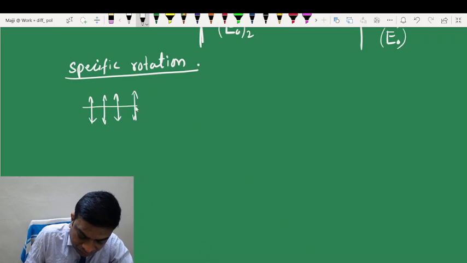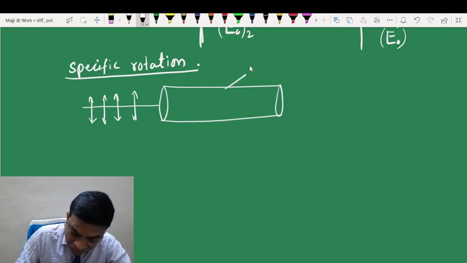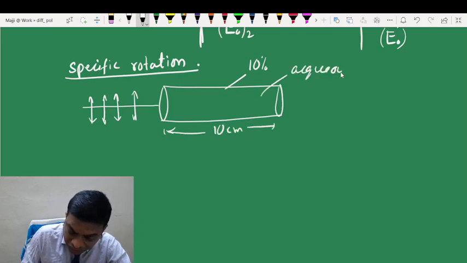It is made to pass through an aqueous solution of concentration 10% and length 10 cm, an aqueous solution of that substance.